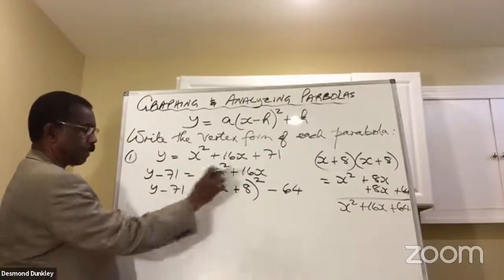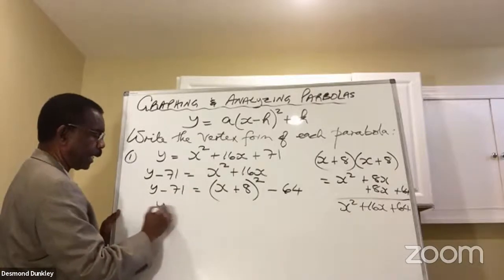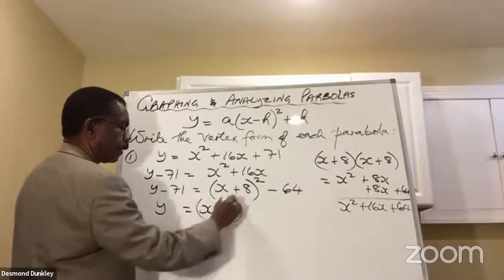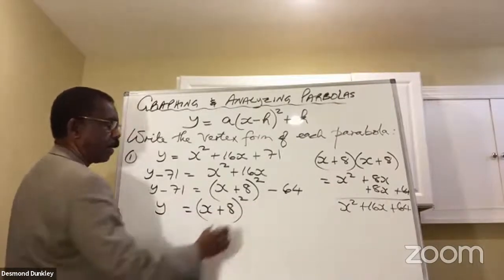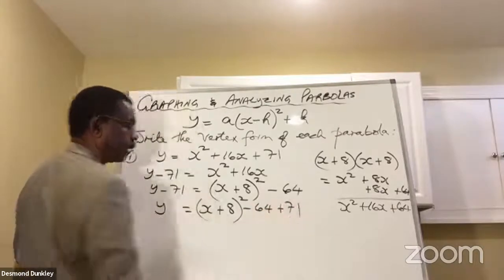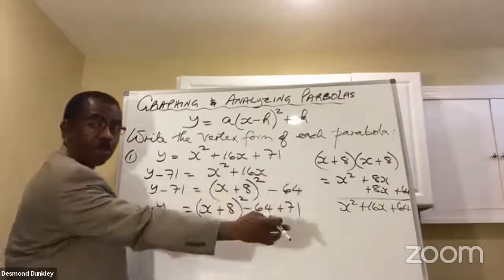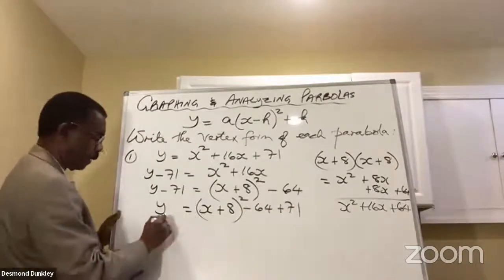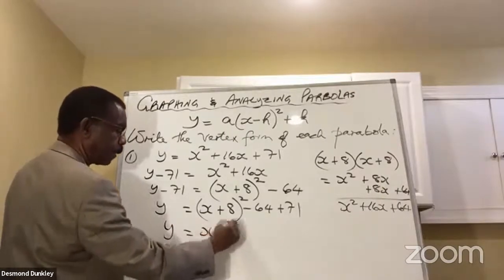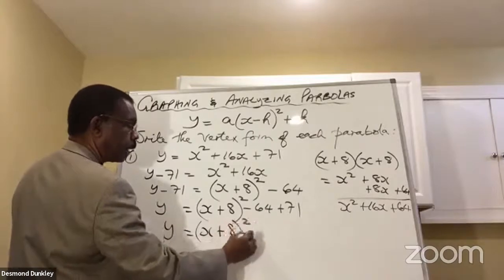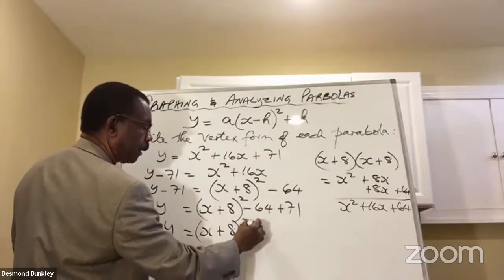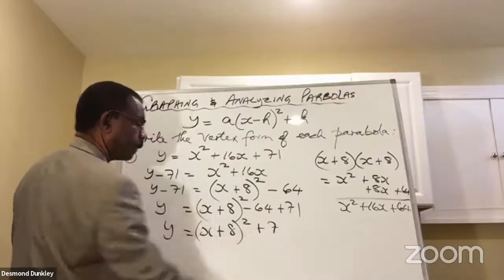So by adding 71 to both sides, we end up with y equal to (x plus 8) squared minus 64 plus 71. I just bring back the 71 by adding. So the final answer is y equal to (x plus 8) squared, and negative 64 plus 71 is plus 7.